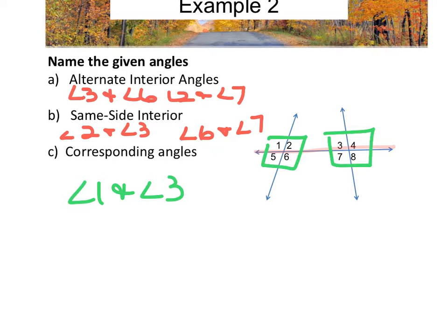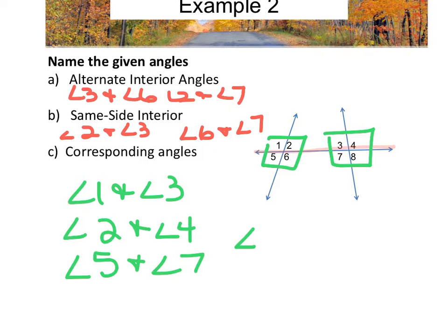Jason. 2 and 4. Somebody else? Kelly Hastings. 5 and 7. And Isabella. 8 and 6. Good. Perfect.